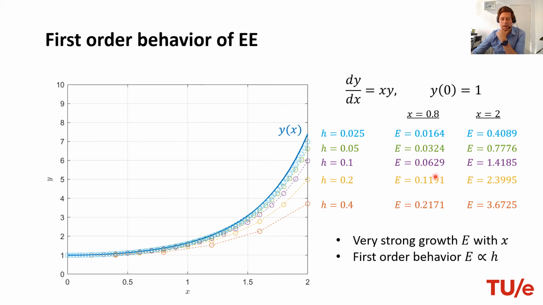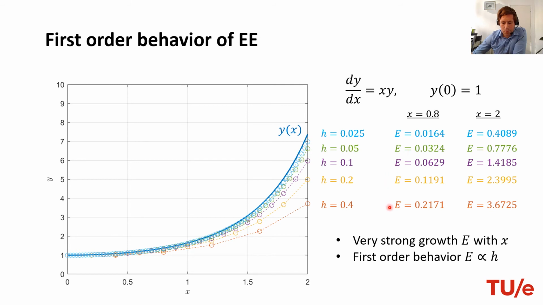By almost doubling the value of x that we're looking at, our truncation error goes up by about a factor of 20. And for almost every h, it goes up by about a factor of 20. So this is really a very strong growth. By just doubling x, the error goes up by a factor 20. So this is not really nice.